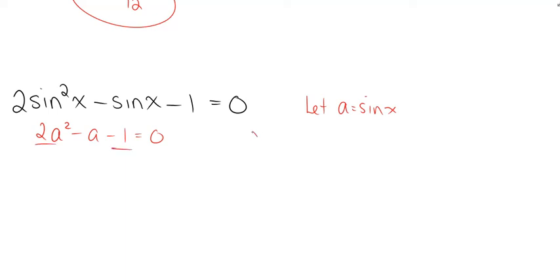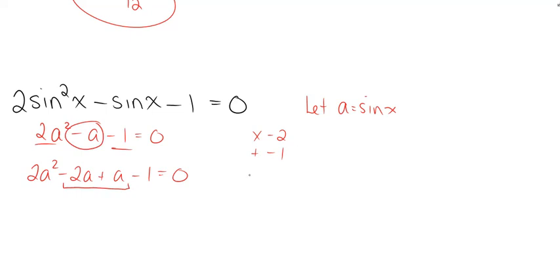So I'm looking for two numbers that multiply to -2 and add to negative 1. So what would those numbers be? -2 plus 1, I believe. So I replace my middle term with the two numbers I find.